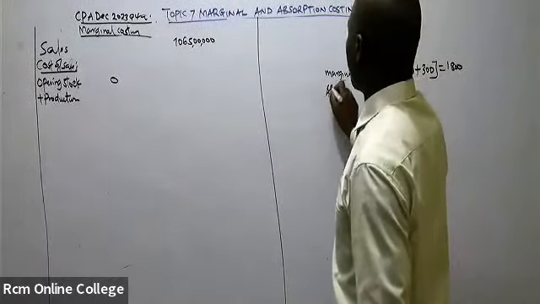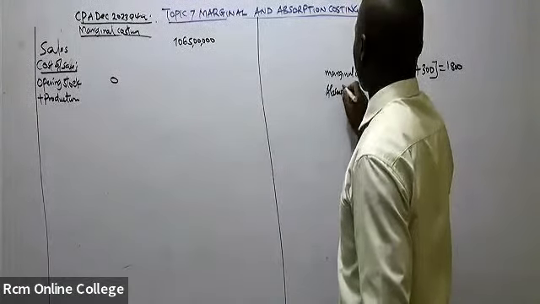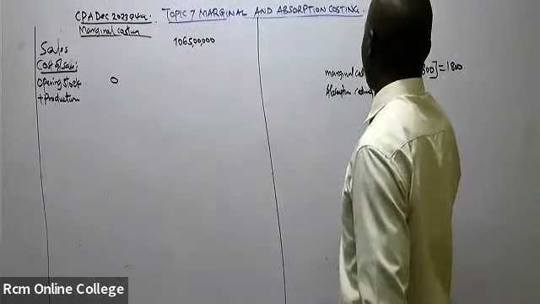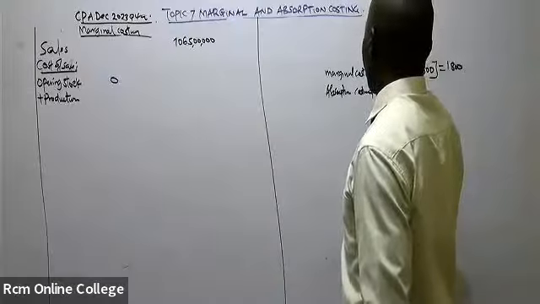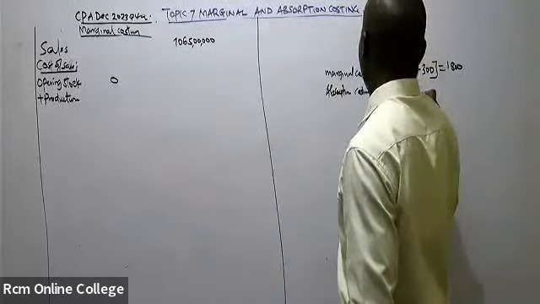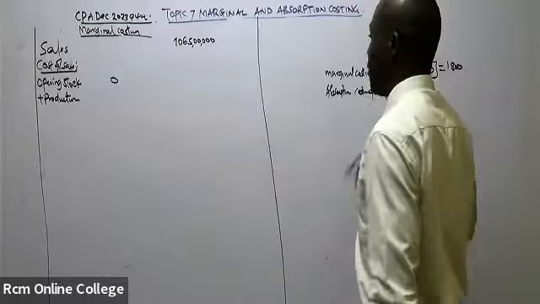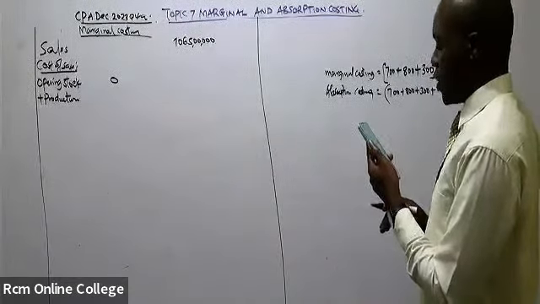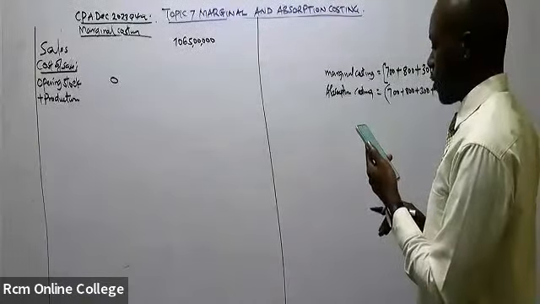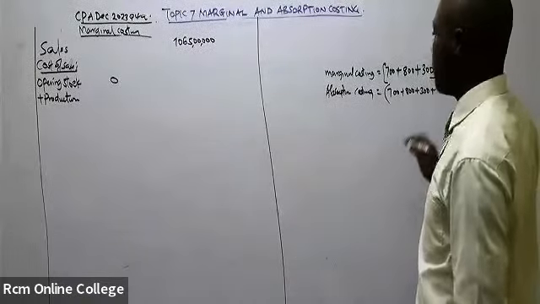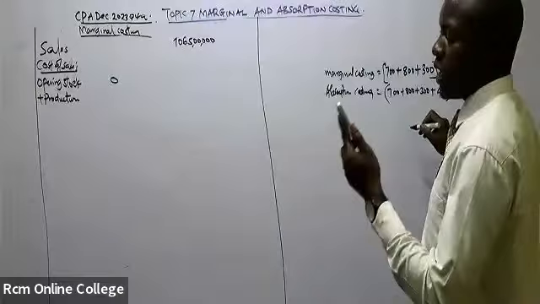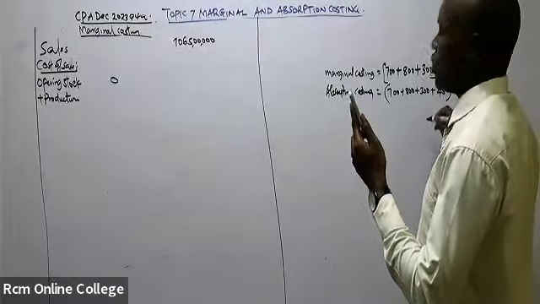Then absorption costing: we have the 700 plus 800 plus 300 plus the fixed production overhead per unit. How much is the fixed production overhead per unit? 450. I was bringing this to make you understand how it is done, but already the examiner gave us that figure as 2,250.